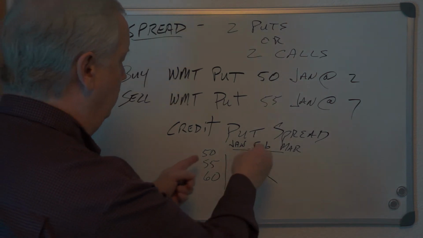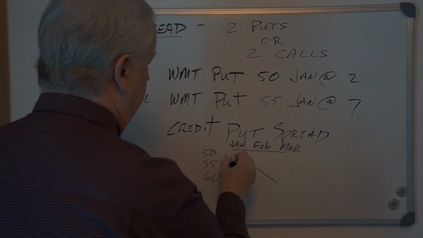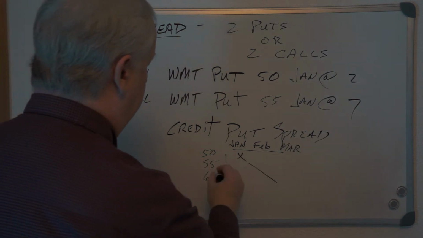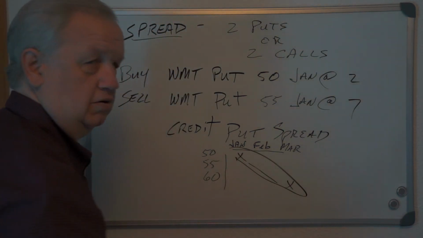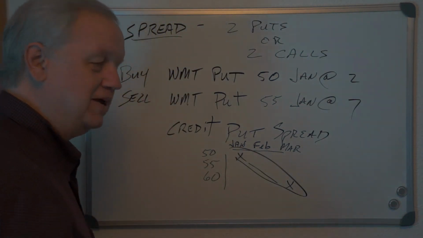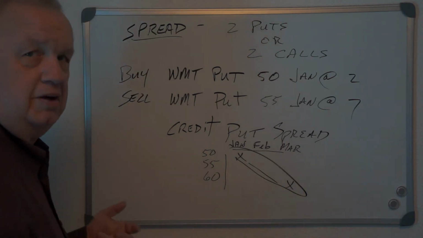If both are different, let's say you had a January 50 and a March 60, that's diagonal. Okay? Don't make it any more difficult than it is. It can be very simple.